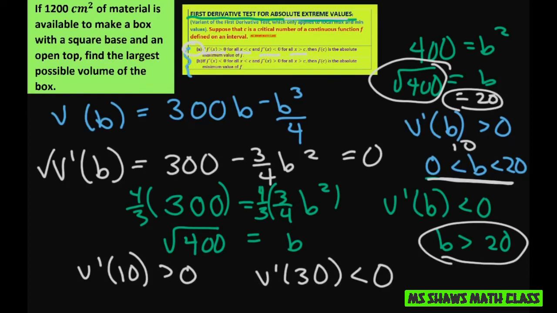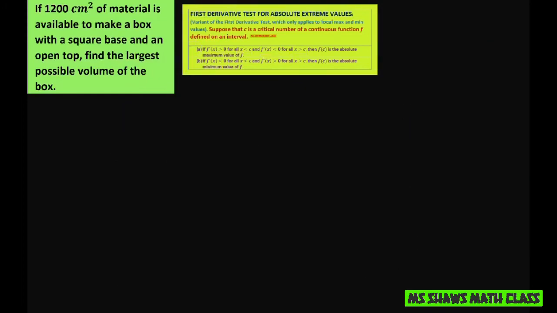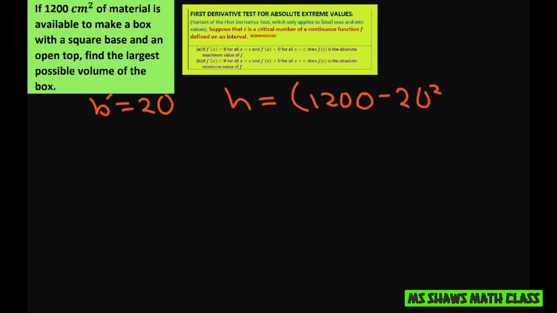So we'll plug that in, and you're going to get B equals 20. So therefore, let's plug in our H equals 1200 minus 20 squared, that's your B, divided by 4B.